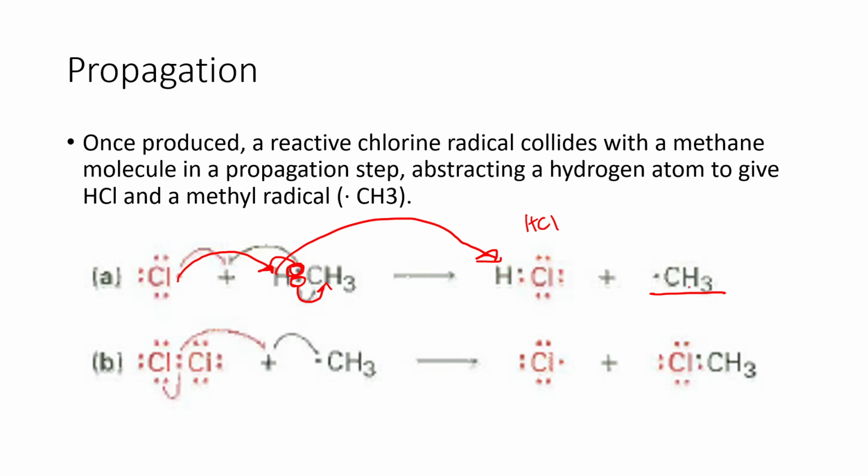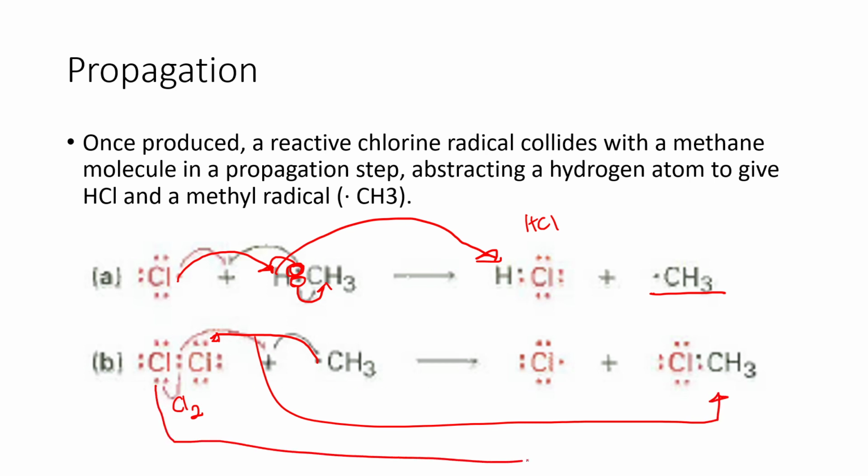This methyl radical can again abstract chlorine from a chlorine gas molecule, and it will grab chlorine to form your chloromethane, and what is left is a chlorine radical, which is this one.